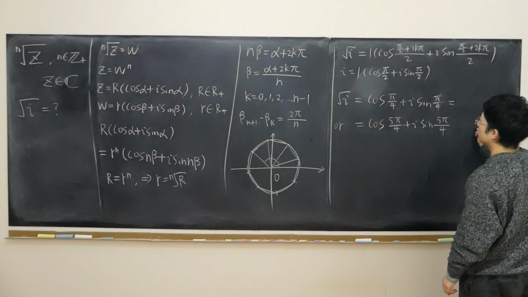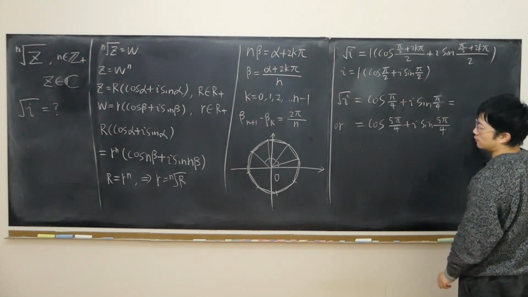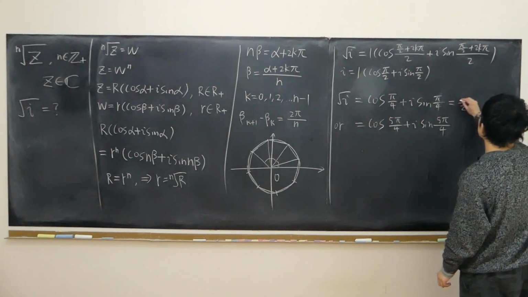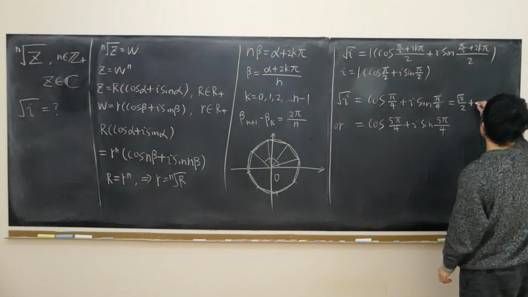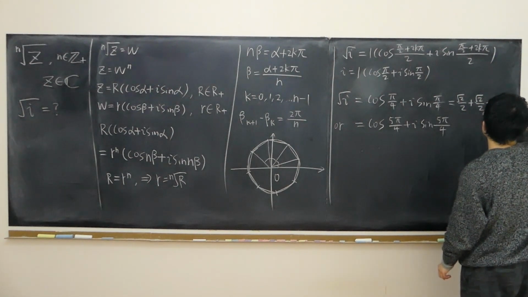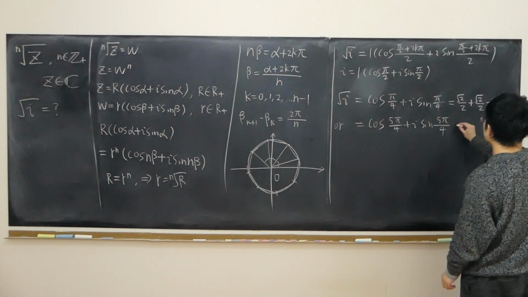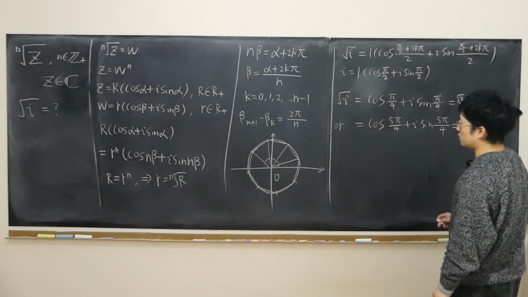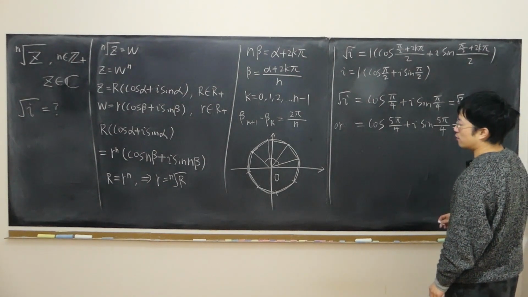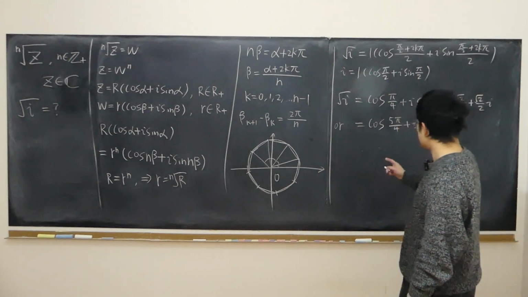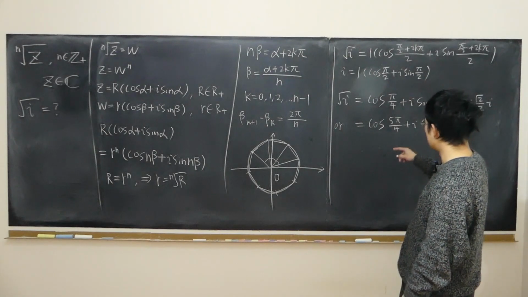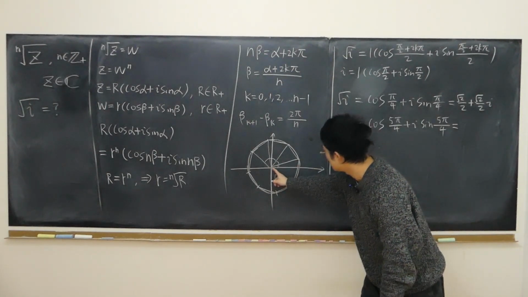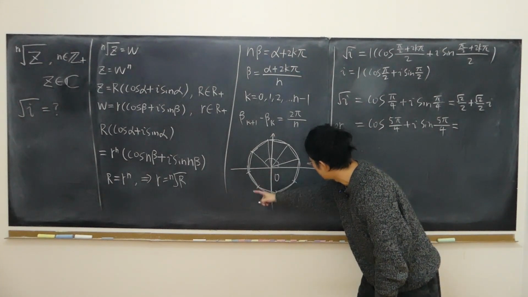Cosine pi over 4, first quadrant, it's 45 degrees, easily half of square root of 2, plus half of square root of 2 times i. And this is equal to the 5 pi over 4. I believe it's in the third quadrant, because 4 pi over 4 is here, and 5 pi over 4 is here.